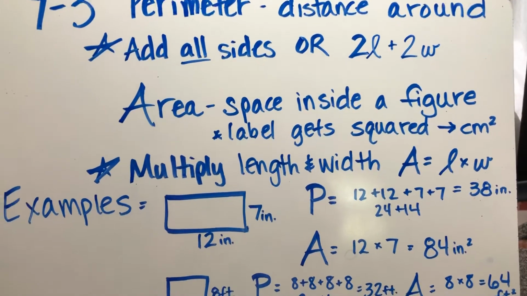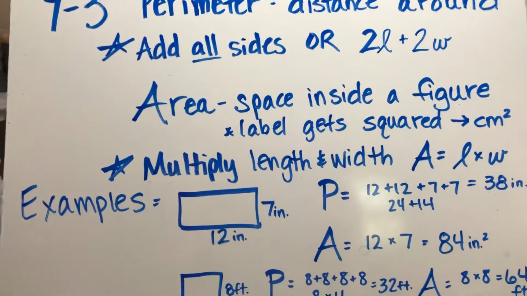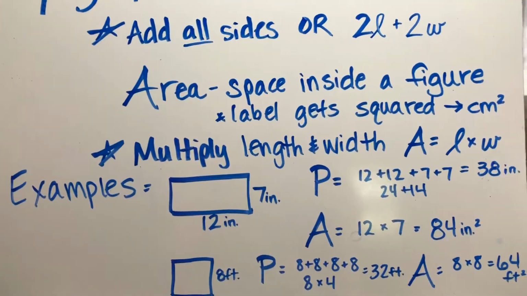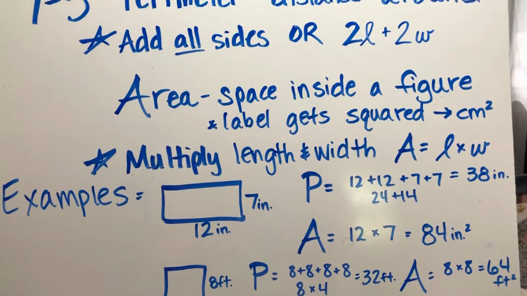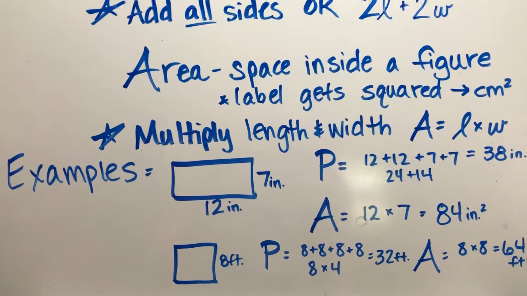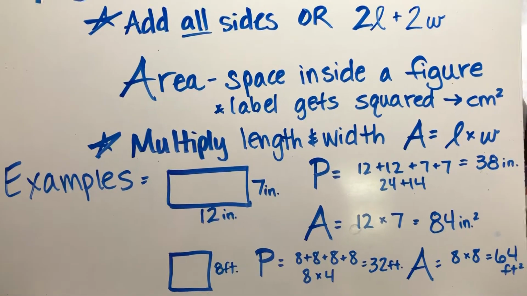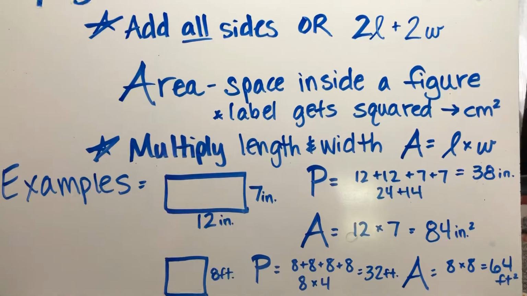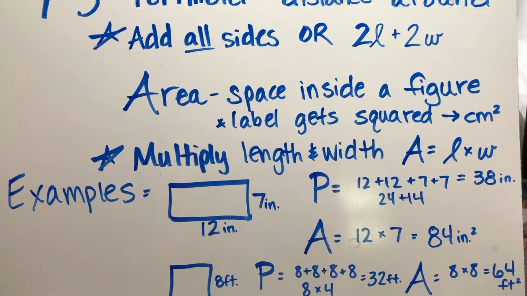My little asterisk there is to remember that the label gets squared. So if you had centimeters, you would say centimeters squared as your answer. And the way to find the area, and today we're just working on squares and rectangles, you simply multiply the length times the width. And that formula is A equals L times W, length times width.